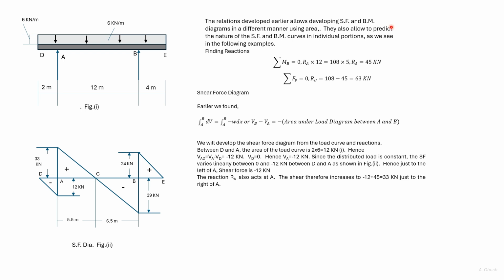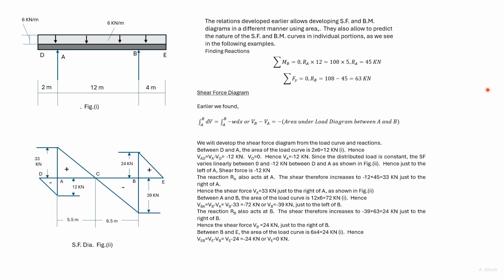Now the area of the load diagram between A and B is 6 into 12, that is 72 kilonewton. Again, using this formula, we have VBA is equal to VB minus VA equal to minus 72.